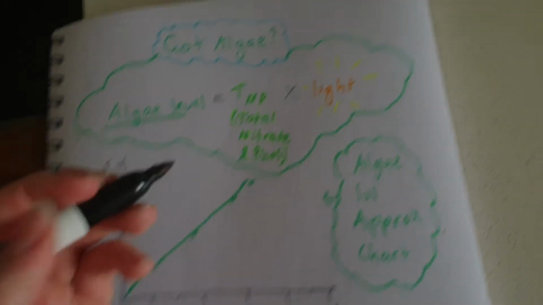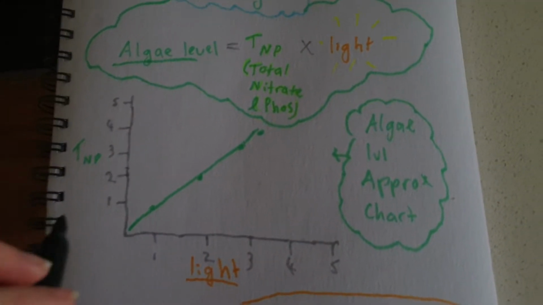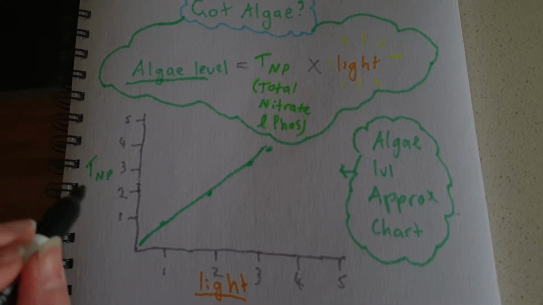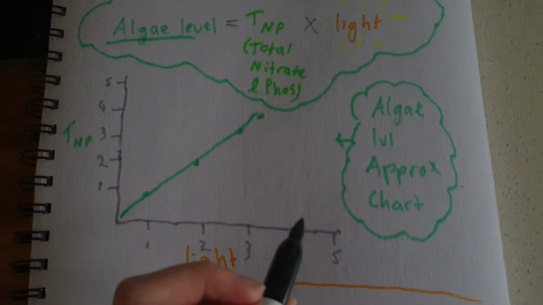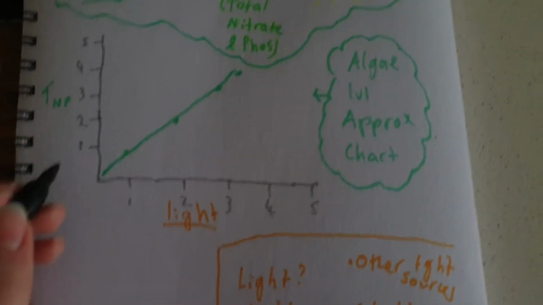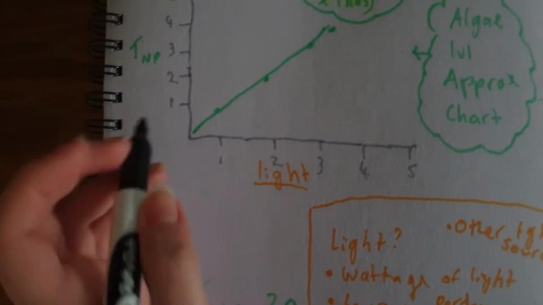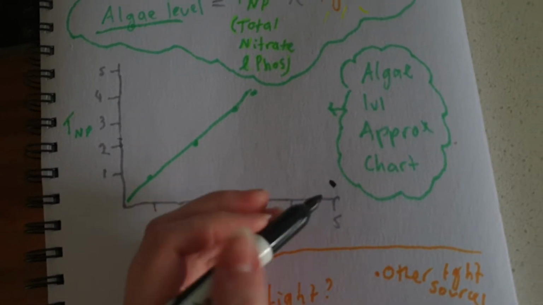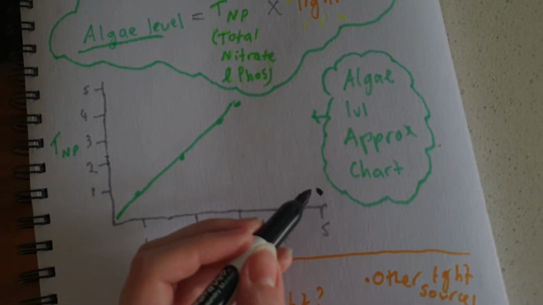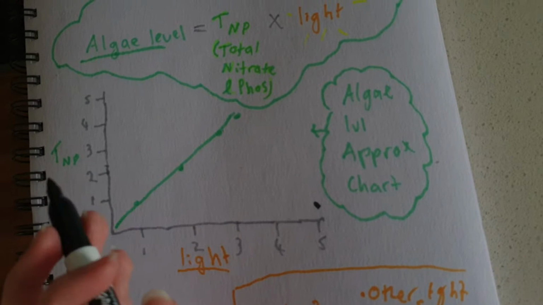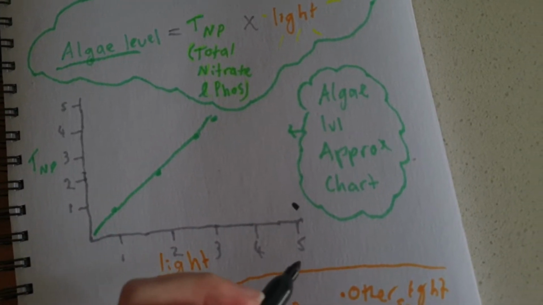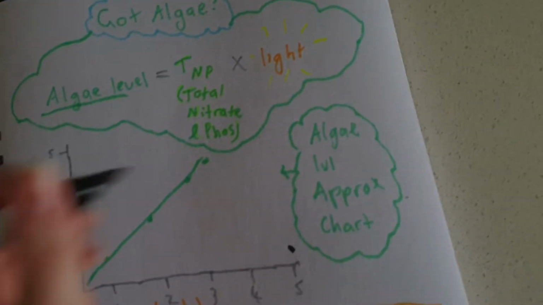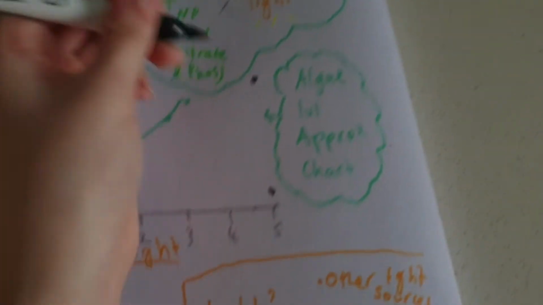So say I have really high light, but I have very low nutrients, so nitrate and phosphate. Let's say I've got really high light, 5, and I've got 0.5 of those other levels. So the total algae level is going to be really low. It's going to be like here. So that's low. But if I have really high nutrient levels, so 5, high light, high nutrient levels, the algae is going to be up here.